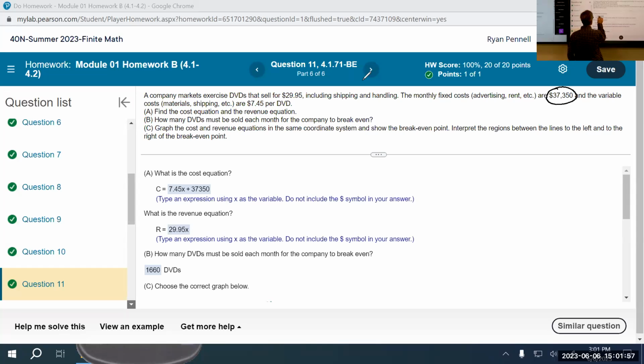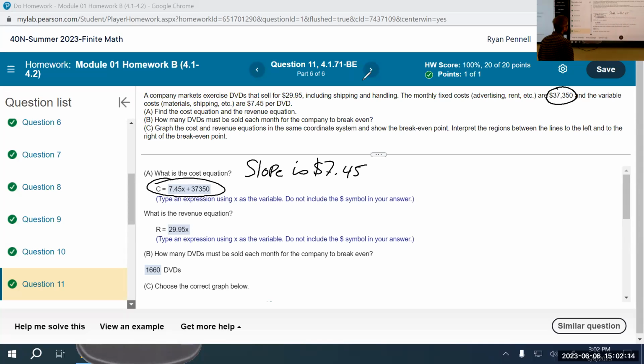So the cost you see right here, the variable, the slope is $7.45. So the slope for cost is $7.45 per DVD, and that's what we're setting up. The y-intercept, we call it b, equals 37,350.